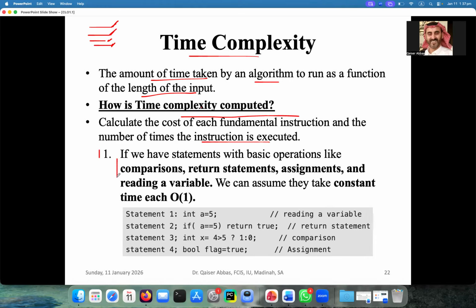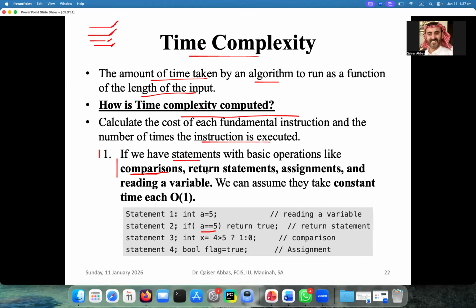Rule number 1. This rule is for when your algorithm has a comparative statement, like num1 equal to num2, containing less than or equal to, greater than or equal to conditions. If a equal to 5, this is a conditional, comparative statement.